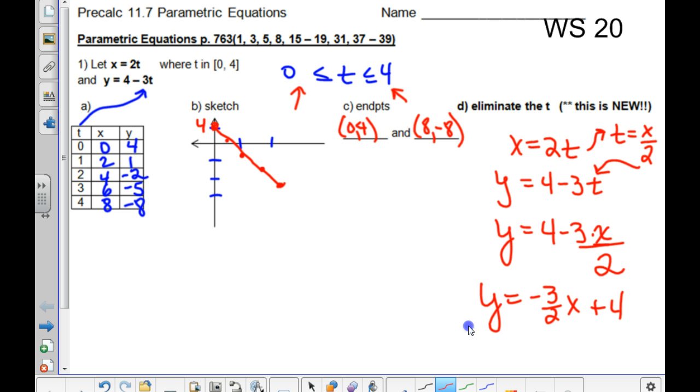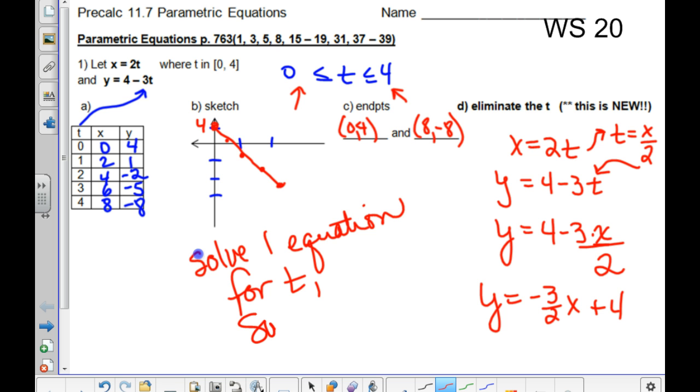We had to solve that equation for t before we could substitute it into the other one. Does that seem okay? So the idea is solve one equation for t and substitute into the other one.